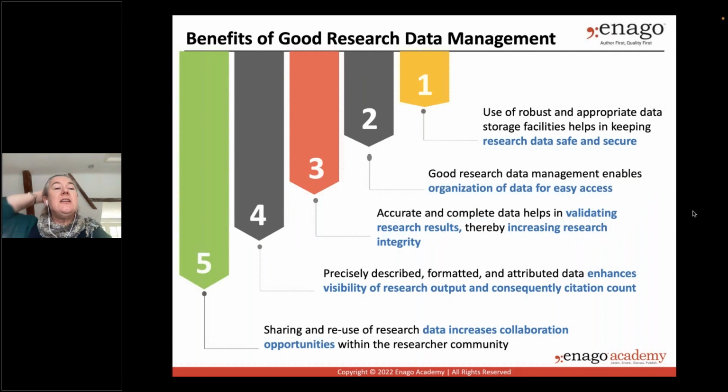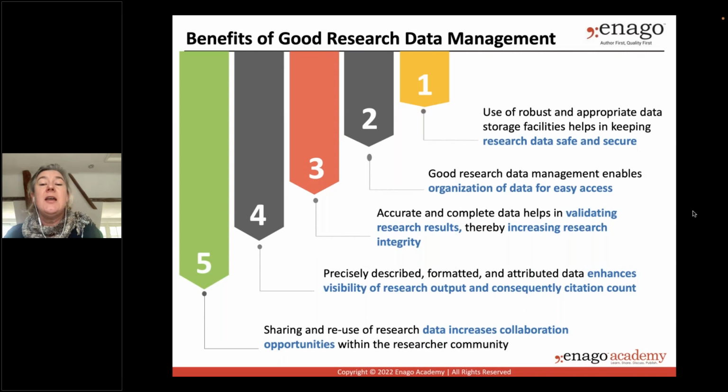So just looking at it in a slightly different paradigm, if you like, and because it's so important. Robust, appropriate storage facilities will help keep research data safe and secure. The research data management itself will enable organisation of the data for easy access. So accurate and complete data helps in validating the research results and increases research integrity.